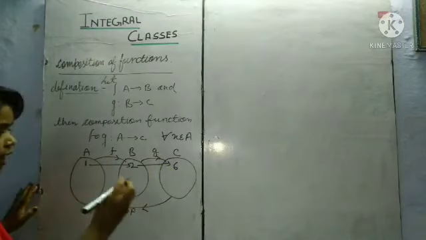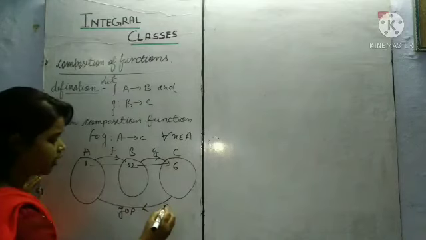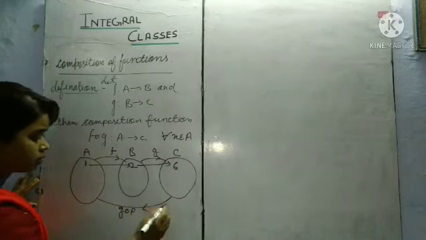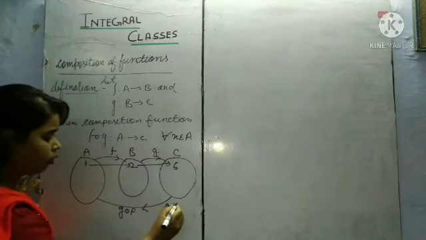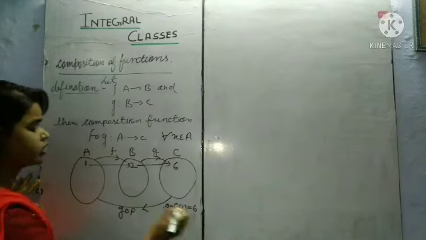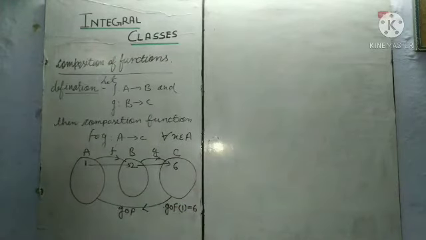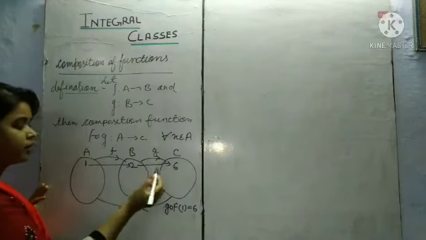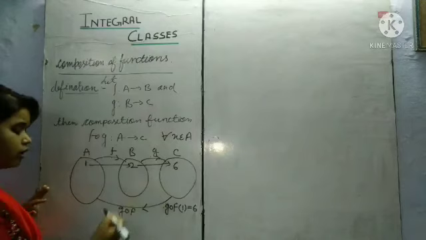So we write gof(1) = 6. We will write it directly.